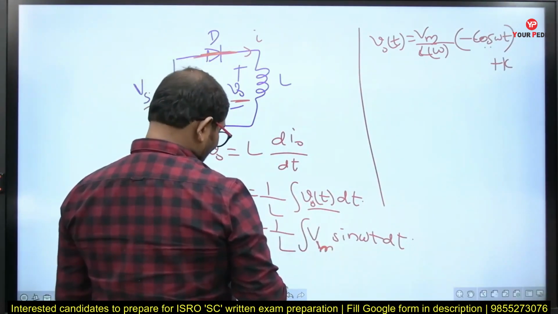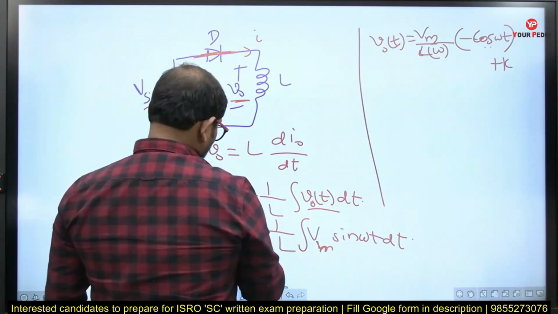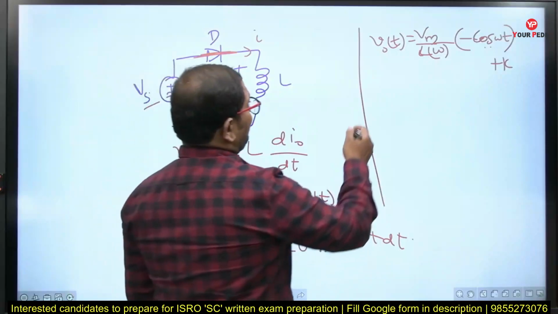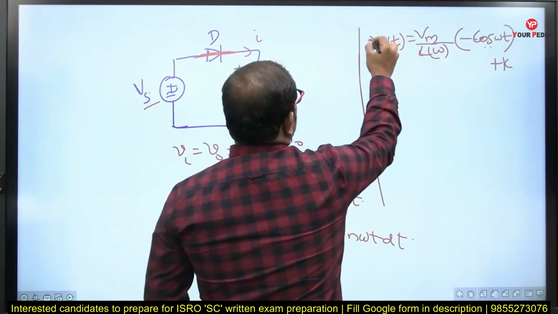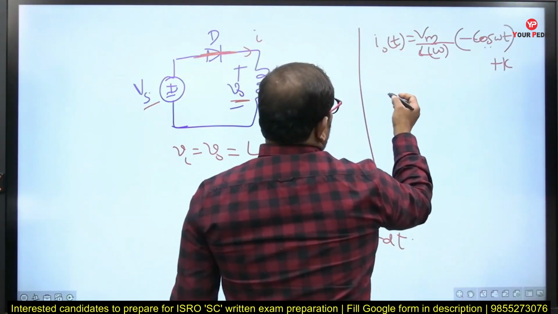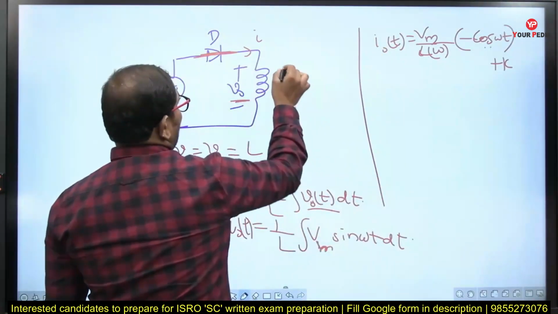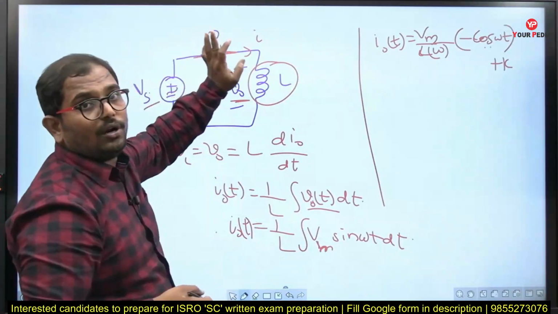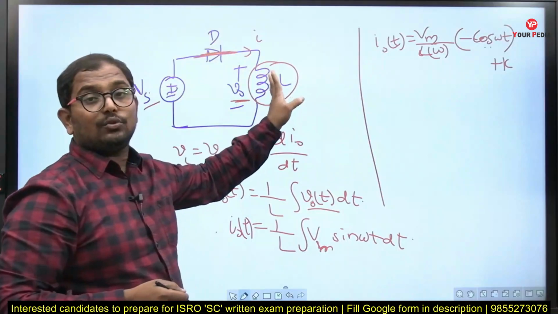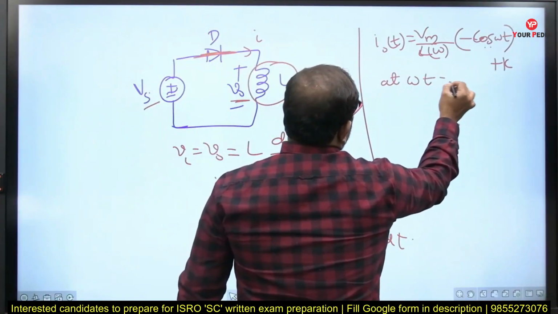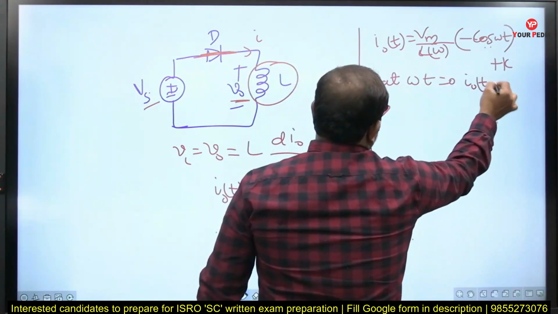Here we are calculating i0(t). What is the initial condition? At omega t equal to 0, because before the diode turned on, the current through the inductor is 0. So at omega t equal to 0, i0(t) equals 0.